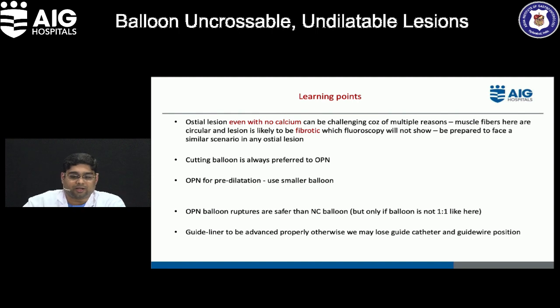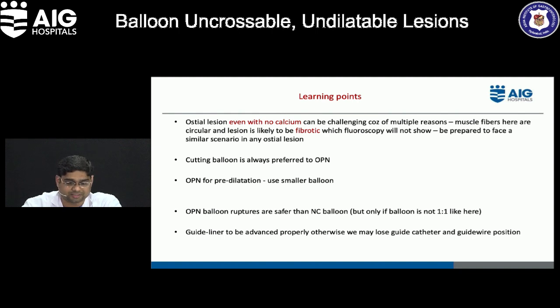And coming to cutting balloon and OPN balloon, see, the cutting balloon precisely cuts the lesion, and for pre-dilatation, the cutting balloon is always the balloon of choice. OPN balloon has an advantage in under-expanded stents when you do post dilatation, but for pre-dilatation, OPN dilatation is also an uncontrolled dilatation only. So cutting balloon is always preferred.